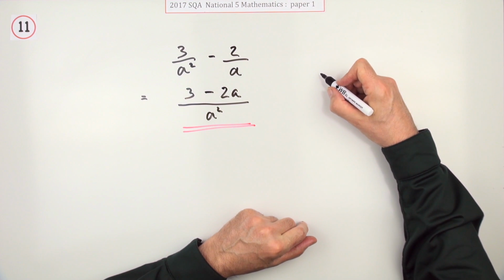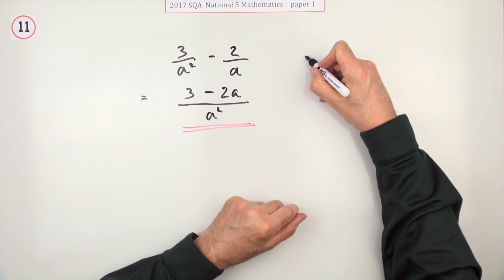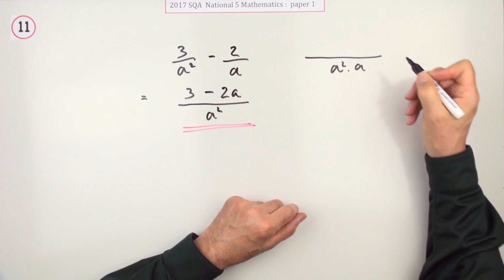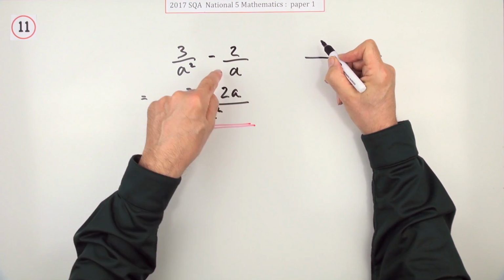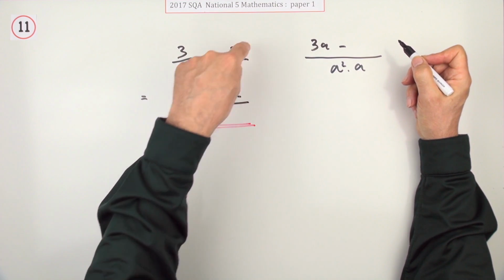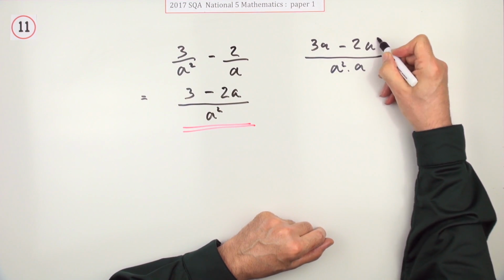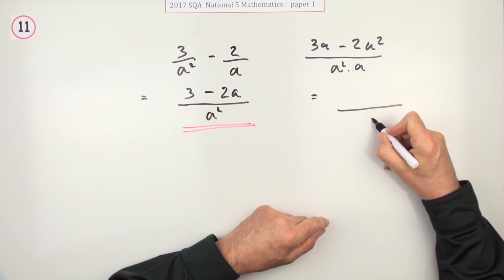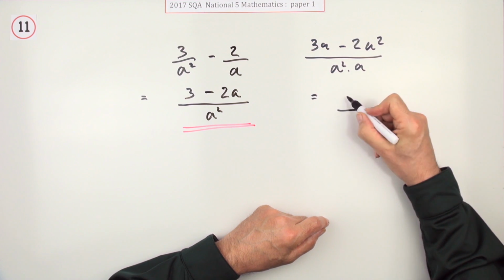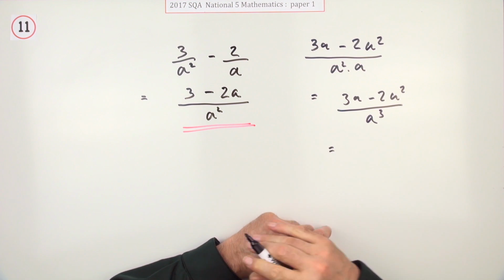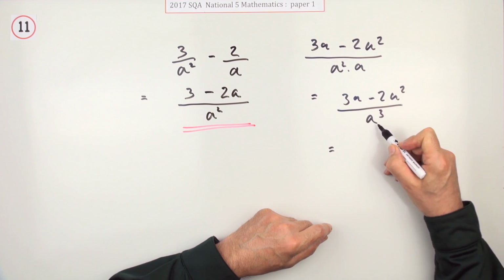If you didn't do that, and you said, oh, I'll multiply them together, so you've got a squared times an a, and then I'll take that up here and make that a 3a, and I'll take that up there and make it a 2a squared, it becomes a bit messier, because now I've got a cubed at the bottom, and I've got a 3a minus a 2a squared on top, but they all share an a.